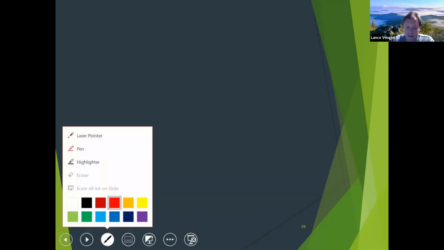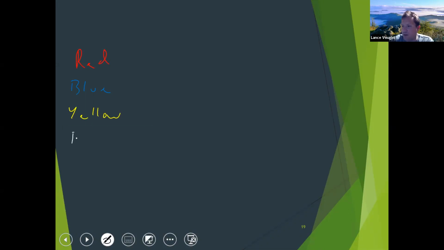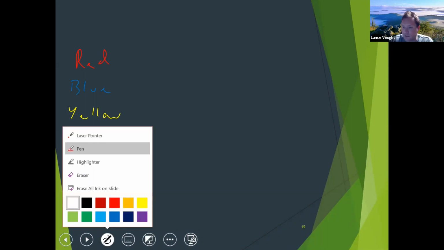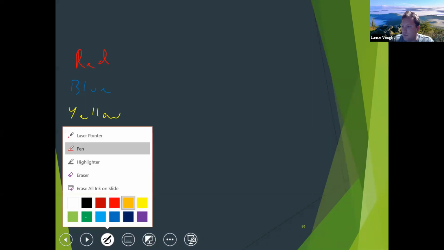So if you are familiar with M&Ms, there are 6 distinct colors. You have red, you have blue, you have yellow, you have, we're going to use white for brown because I don't have a brown color on my screen, orange, and green.